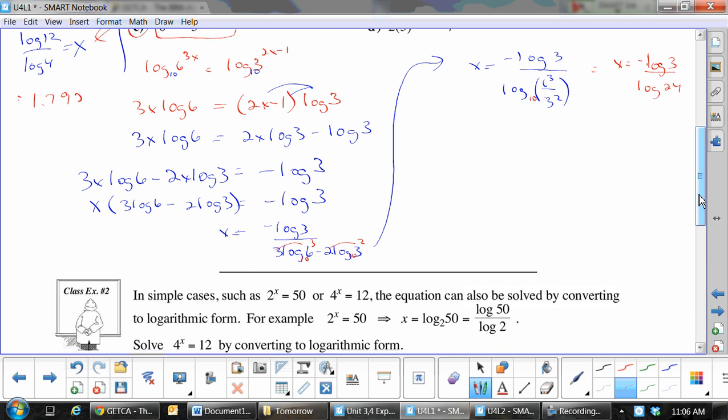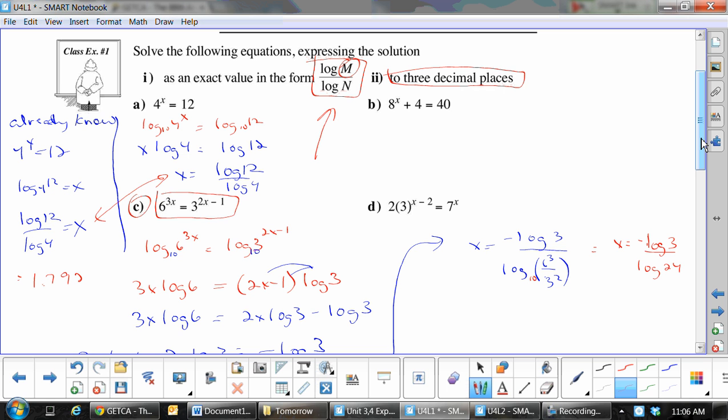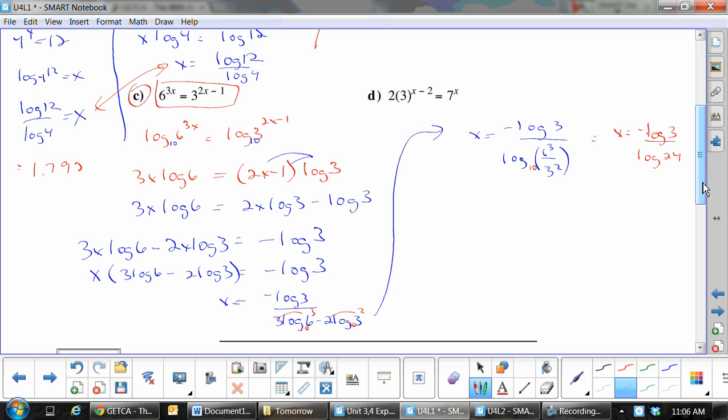Now, really, do I have it in log m over log n? No, I don't. See? Mean question. But you guys, every unit will have one mean question. It is so weird how the diploma works. All we do is try to get you to learn these questions.